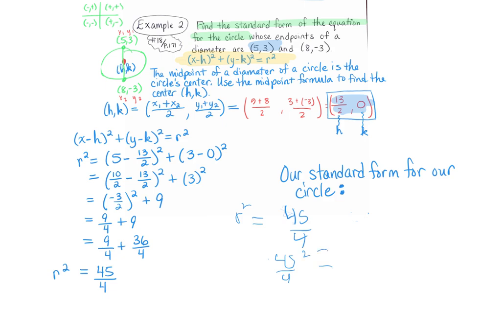Squared equals x minus 13 over 2 squared plus y minus 0 squared. Is that a 4 in the denominator? Oh, you're talking about the 13 over 2? Yes. Oh, okay. Let me rewrite it.